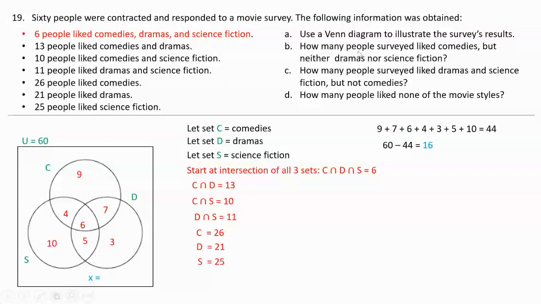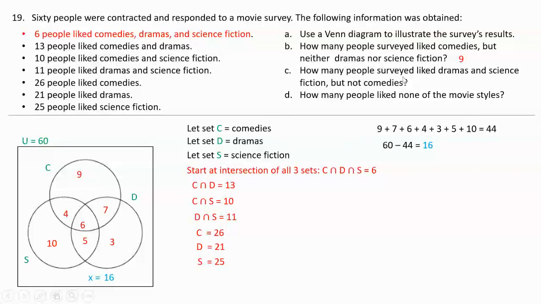Let's see here. The answer is supposed to be 9, and you see it's 9. There it is. I forgot to put what was on the outside. What was on the outside, you can add all these and subtract them from 60. That's why x equals 16. I forgot to finish that on the Venn diagram. But for part B, the answer is 9. There's only this part here.